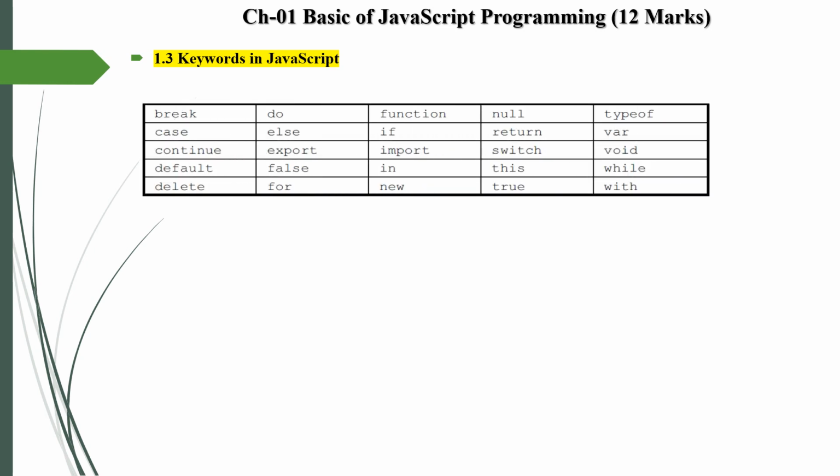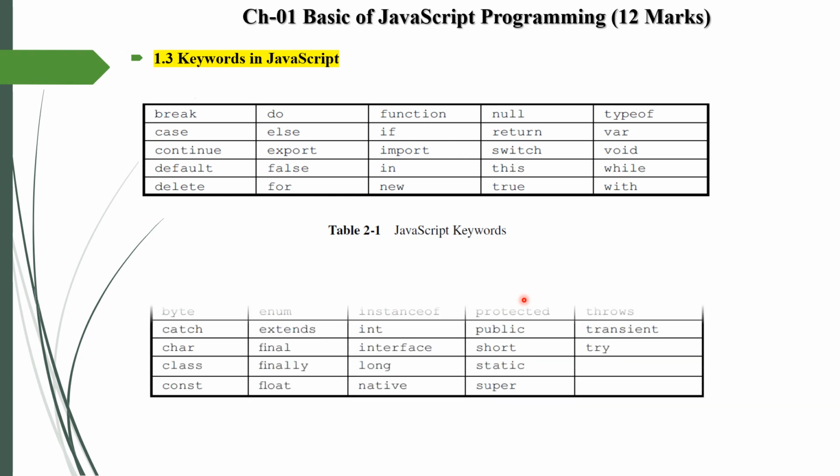First list of keywords is displayed here. Break, case, continue, default, delete, do, else, export, false, for, function, if, import, in, new, null, return, switch, this, true, typeof, where, void, while, with. These are the list of keywords in JavaScript.